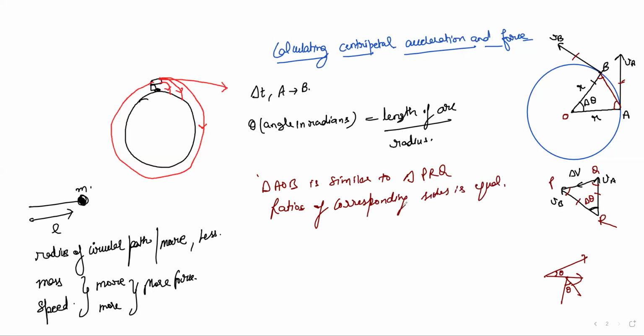So similar means the angles are the same and lengths are different? Similarity, if we have done in IGCSE, if all three angles of the triangles are the same, their sides may be different, but then we call those triangles similar. Let's say you get your photo clicked, passport size or postcard size.